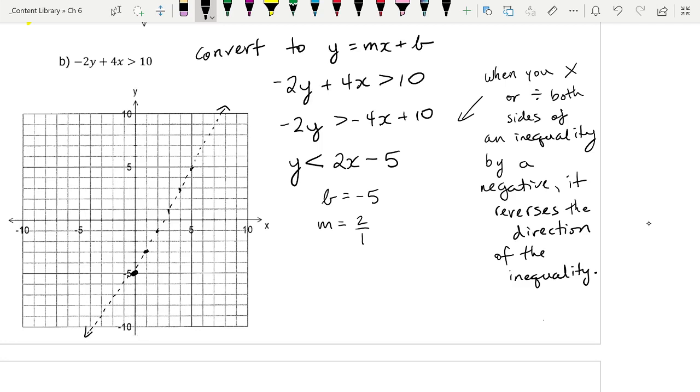When you multiply or divide both sides of an inequality by a negative, the direction of the inequality flips. Oh, are we still struggling with how I got to here? Okay. I figure you're in grade 11, so I'm not really writing out algebra like I would to grade 8 students. But here, watch this.